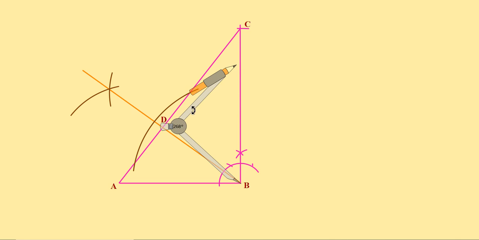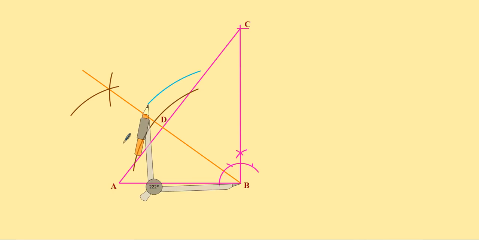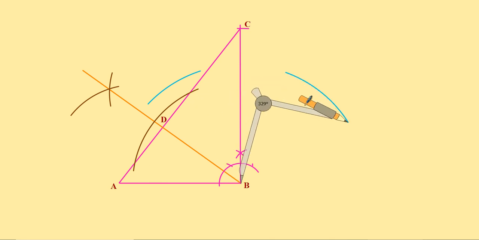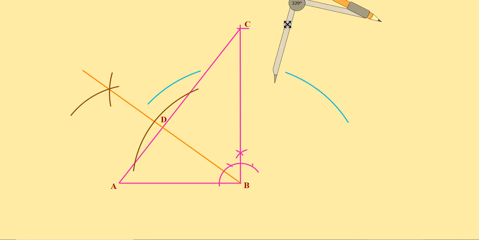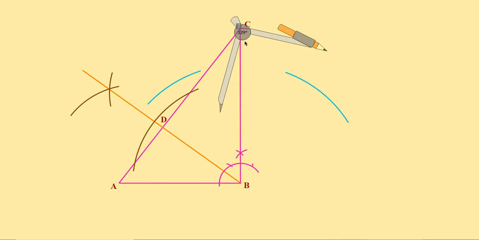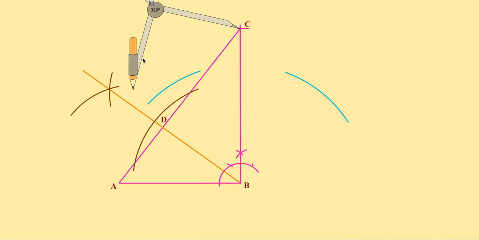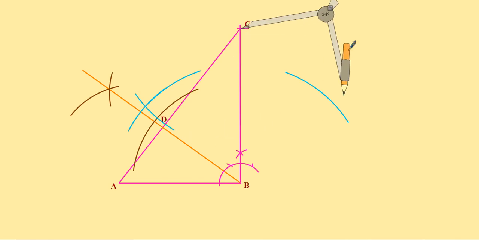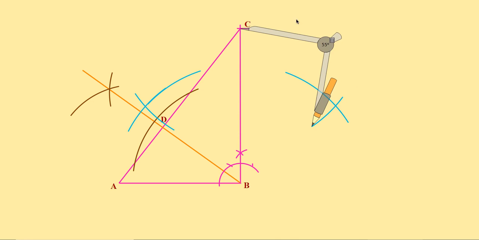To draw the circle with the diameter BC, you must find out the midpoint of BC. So with the center B, more than half of BC, draw arcs on both sides of BC. Now with the center C, same radius, draw arcs to intersect both the arcs.